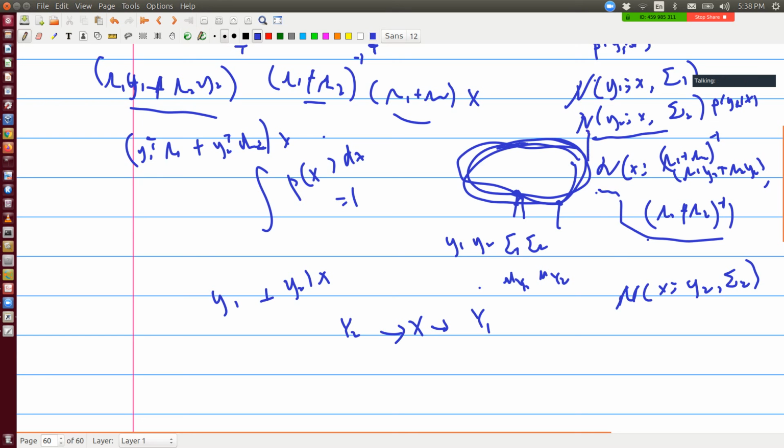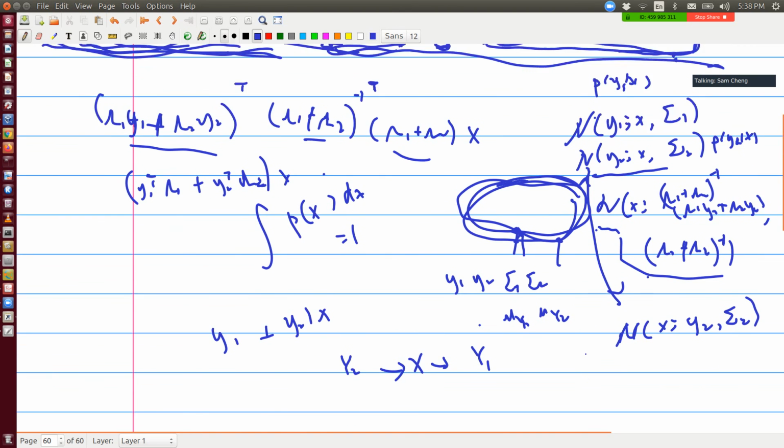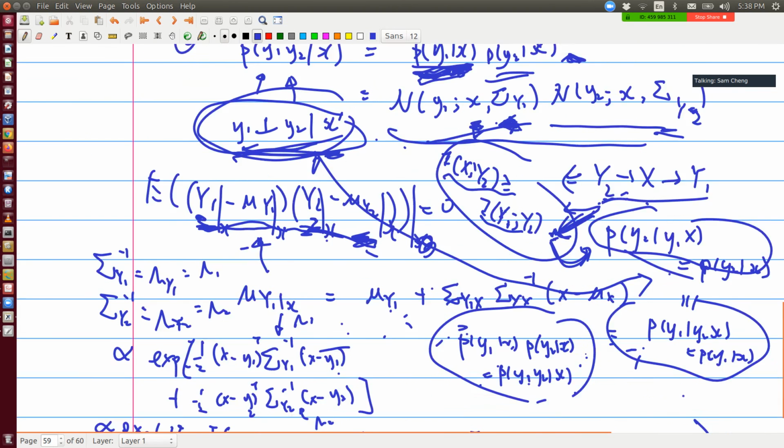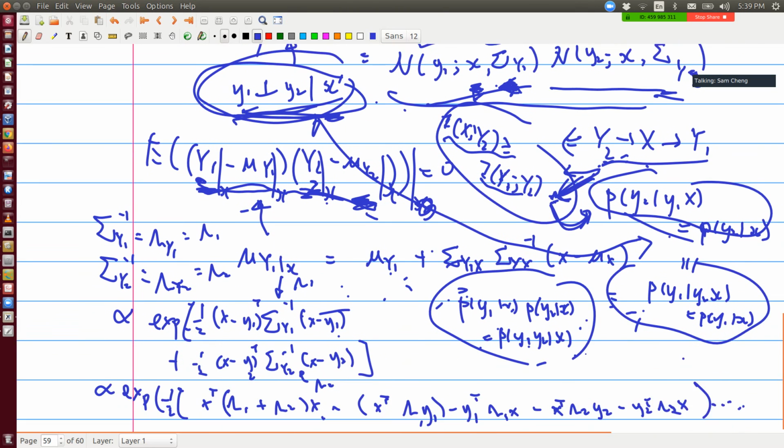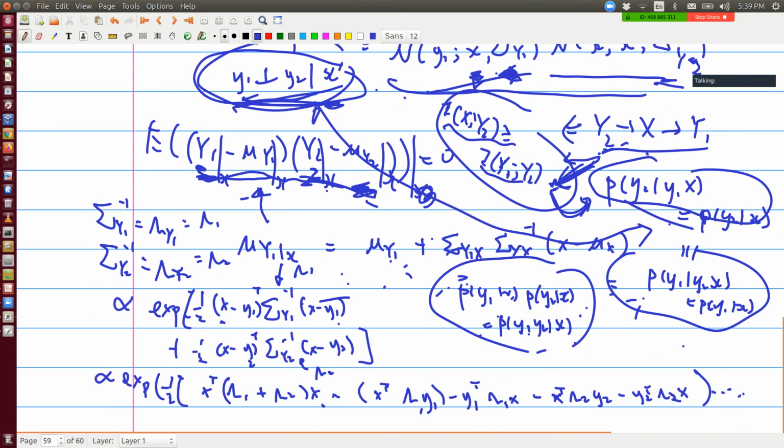These two terms are exactly the same, because a Gaussian is symmetric. You can go back and look at the Gaussian PDF here.